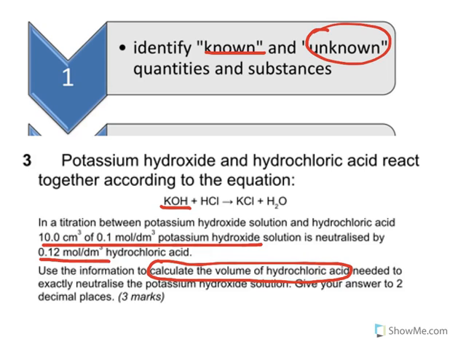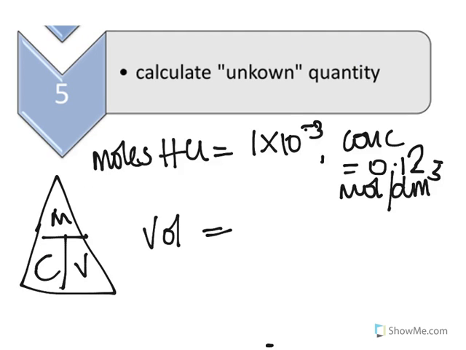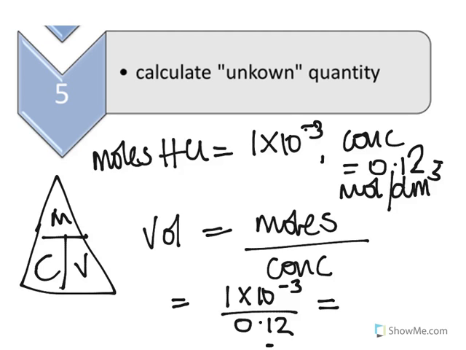We know that the concentration here is 0.12 moles per dm cubed. So you can use the triangle if you like, or rearrange the original equation, but we calculate the volume by taking the number of moles divided by the concentration. So putting that into the calculator, we end up with 0.0083, and this is in decimetres cubed.